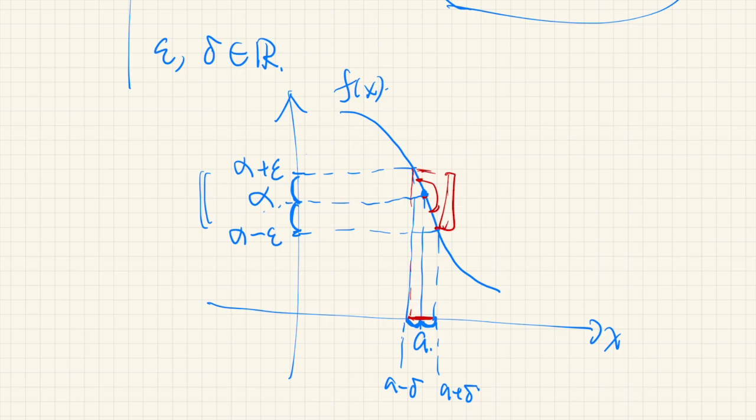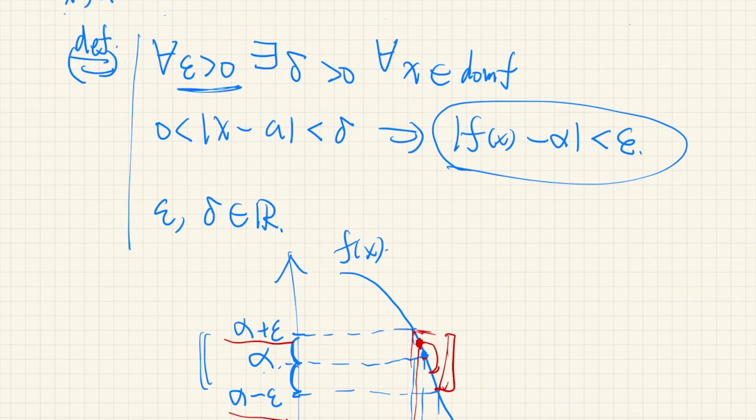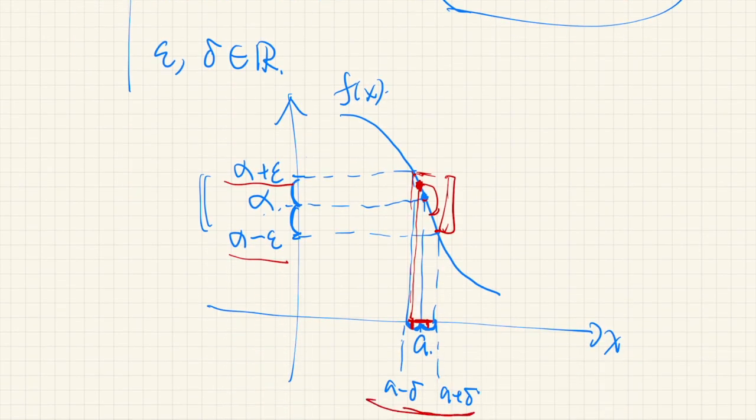So if x is somewhere here, then f of x should be somewhere here, between alpha minus epsilon and alpha plus epsilon. That's what we mean by this definition. If we take delta small enough, so a small enough interval, then the whole interval stays within this interval. If this can hold for any positive epsilon, then we say the value of f of x converges to alpha.